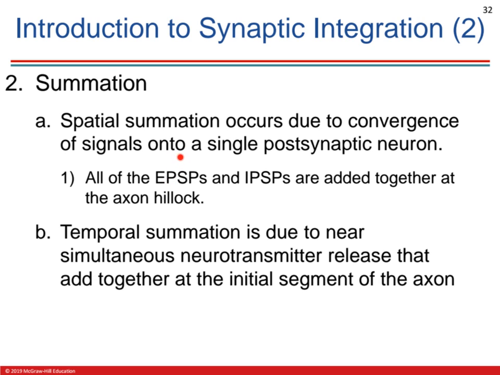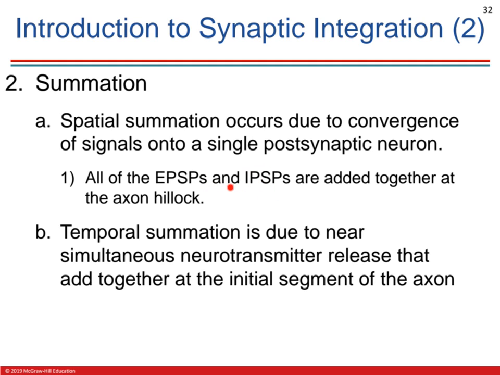Then there'll be a graded transmission of the depolarization to the spike initiating zone. And then there'll be a summation of all these inputs. And if the summated inputs drive the membrane potential to the spike threshold, then you'll actually get an action potential occurring. If they're not that strong, then you won't get anything.